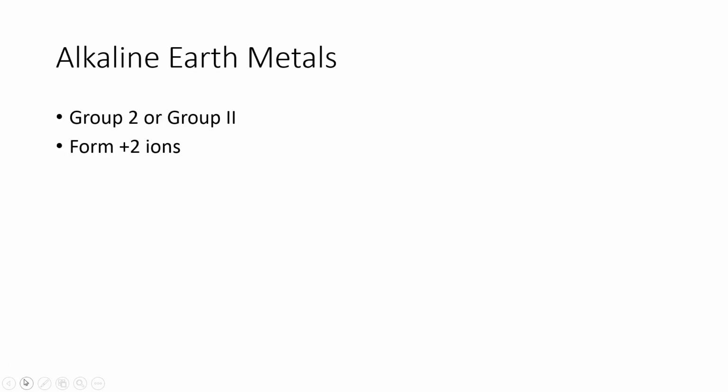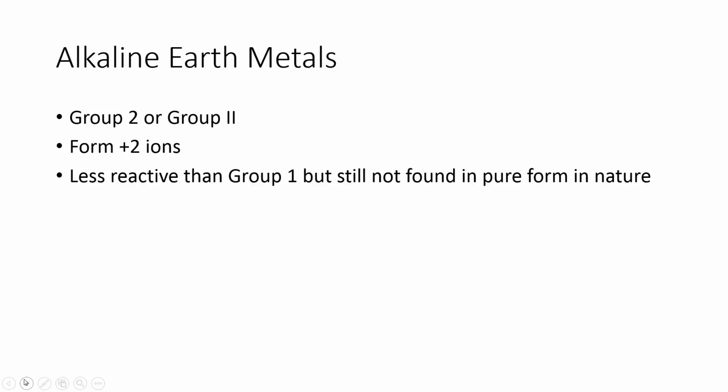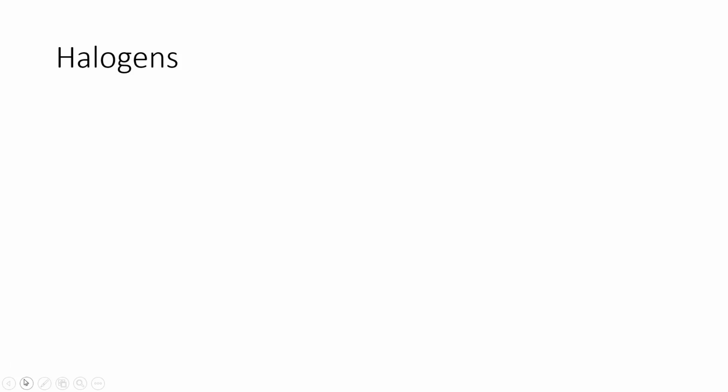They all form +2 ions, so that they all like to give away 2 electrons. They're less reactive than group 1, but they're still not found in pure form in nature. They're way too reactive for that. They also have very typical metal properties, so shiny, malleable, soft, good conductors.